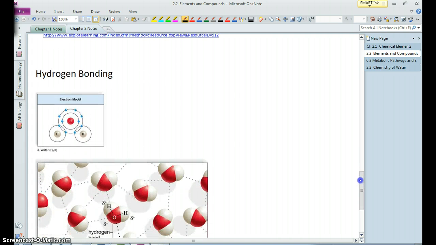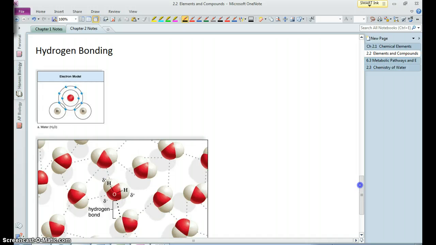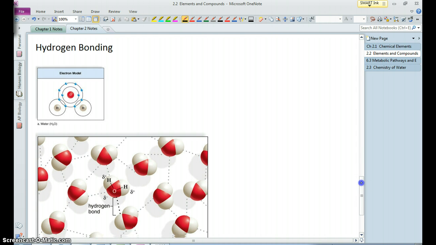All right, now hydrogen bonding is not within, but between molecules.